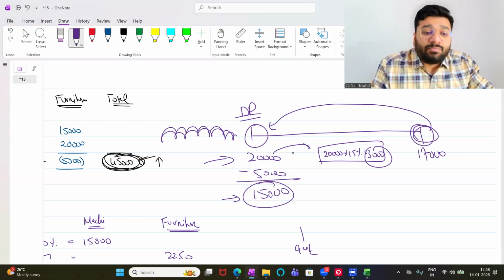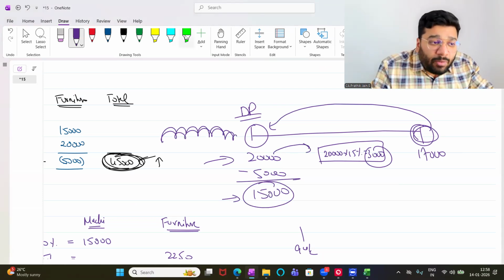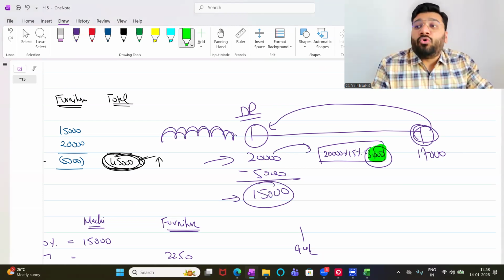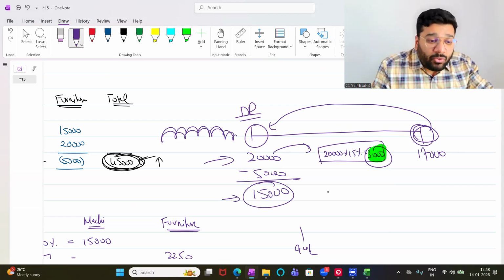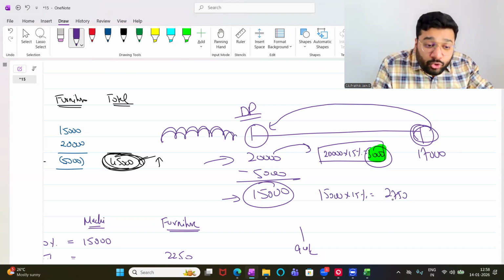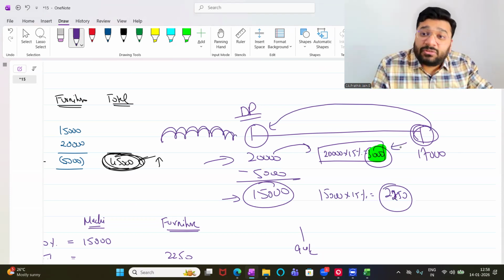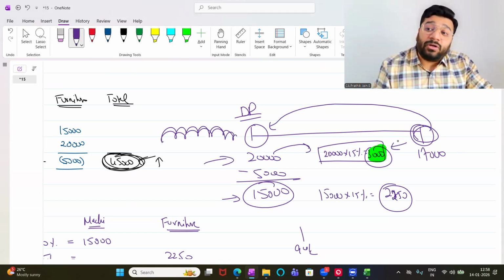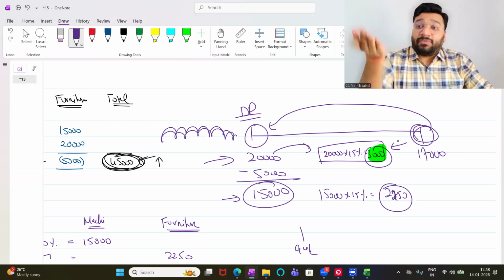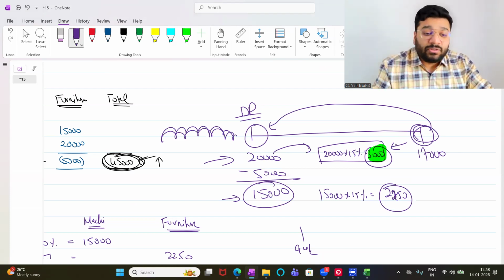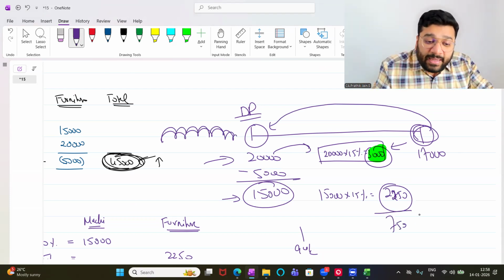When the value of the asset is more, obviously the depreciation you computed, 3,000, is more. So what is the actual depreciation now? 15,000 into 15%, sorry, 2,250. 2,250 is the actual depreciation. But you have recorded 3,000. How much extra depreciation have I recorded? 750 extra depreciation. Now I have to reduce it, so 750 rupees is my reversal of depreciation.